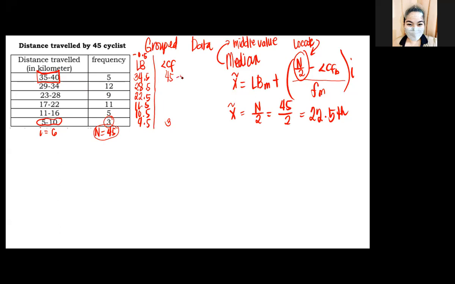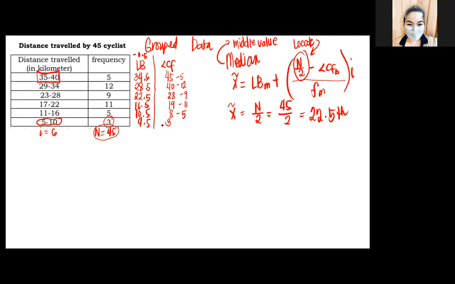So 45 minus 5, minus mo yung frequency niya. So we have 40. Minus 12, we have 28. Minus 9, we have 19. Minus 11, we have 8. Minus 5, we have 3. Okay? So, ganun yung way on how to get the cumulative frequency.